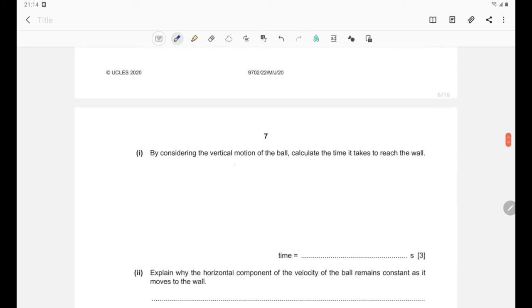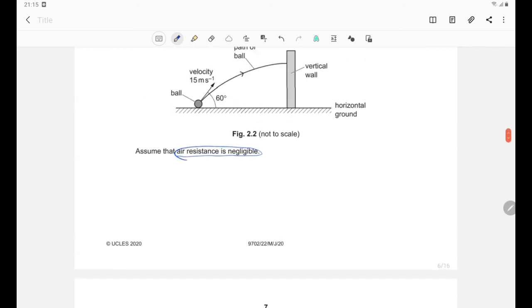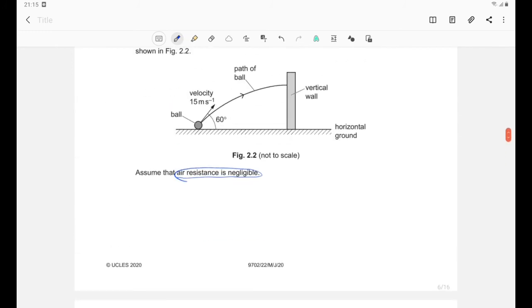By considering the vertical motion of the ball, calculate the time taken to reach the wall. So you have to calculate how long it will take to reach the wall, and you have to consider only vertical components. So we can check what are the vertical components of velocity: initial velocity and final velocity.